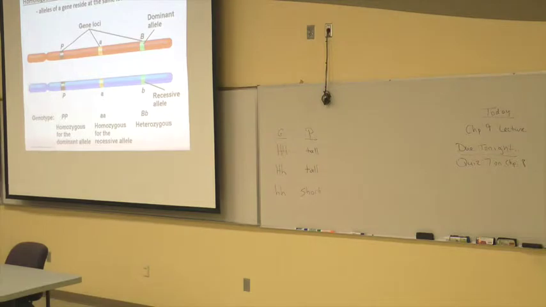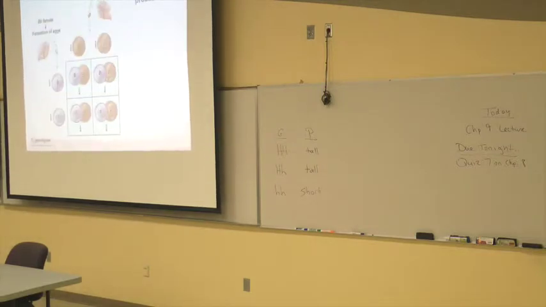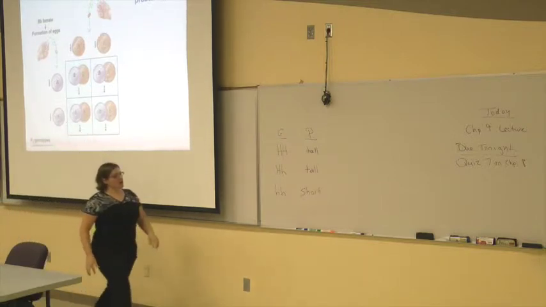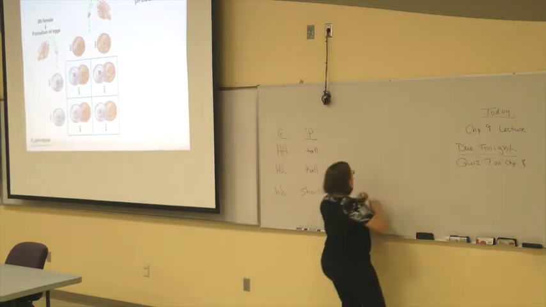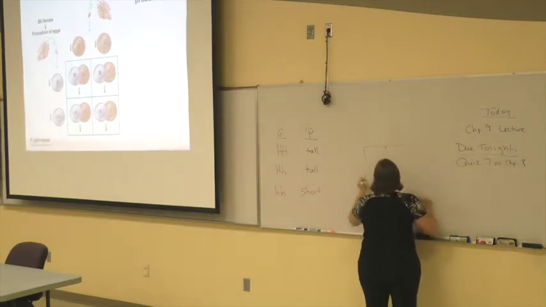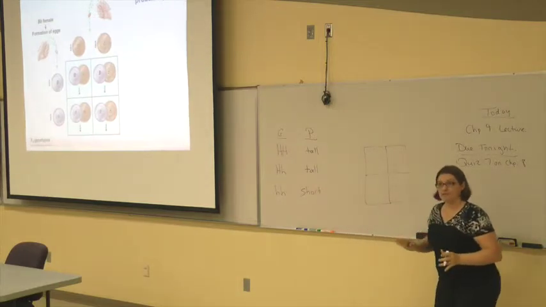Okay, so now let's start getting into the whole meat of this lecture. We got to start with understanding that the boxes, this right here that you see, this box, is called a Punnett square. And these Punnett squares are probability tables.